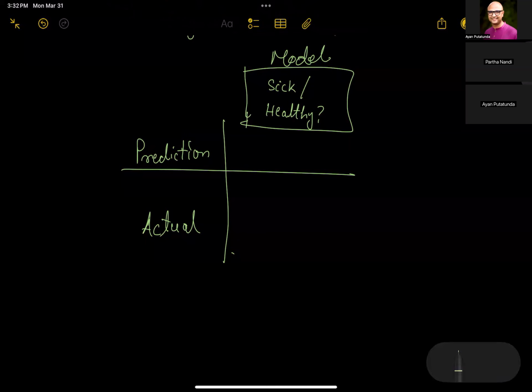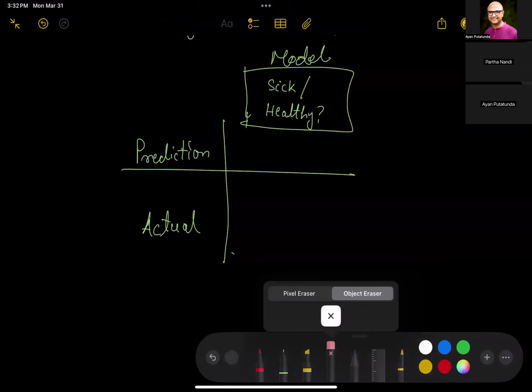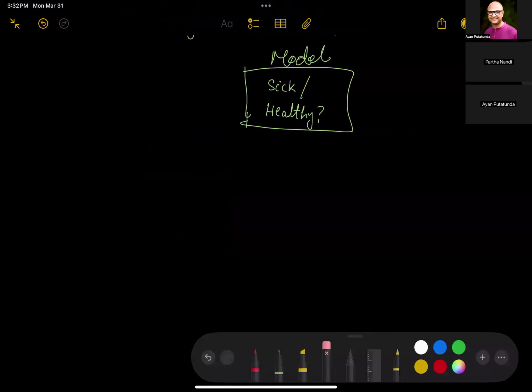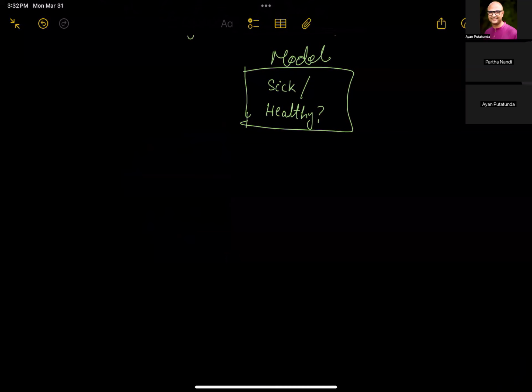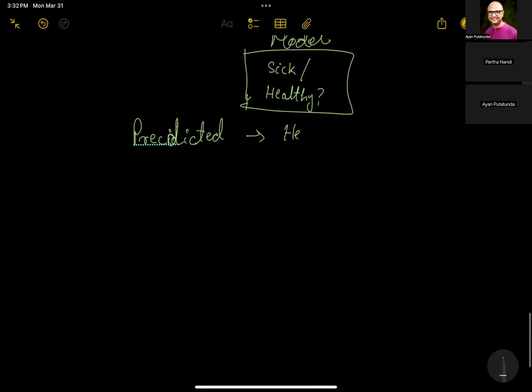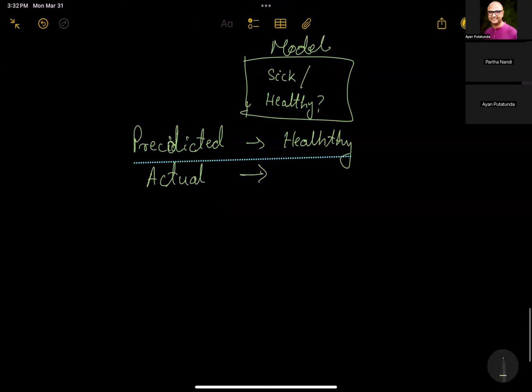Sorry, let me write it in a different way to make you understand. The model may say that the predicted is healthy, and actually the person is healthy.